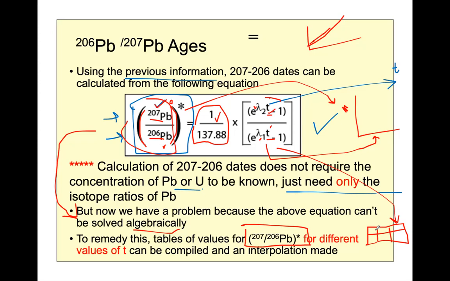So likewise, you can have a table. I will show you how you can do that. Different values of t can be found for different values of 207, 206. So that means we now have two sets of values for two axes to plot.